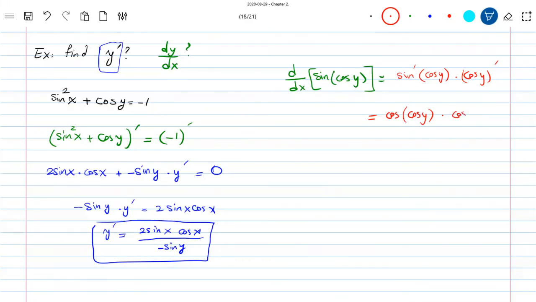Derivative of cosine at y multiplied by derivative of the inside, y prime. This y prime is very important. If you don't write it, then you don't have the derivative correctly. Cosine y times negative sine y and multiply by y prime.